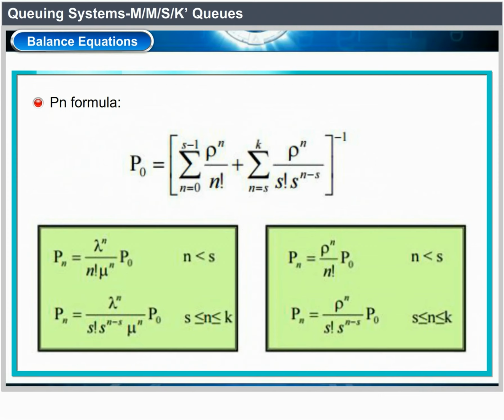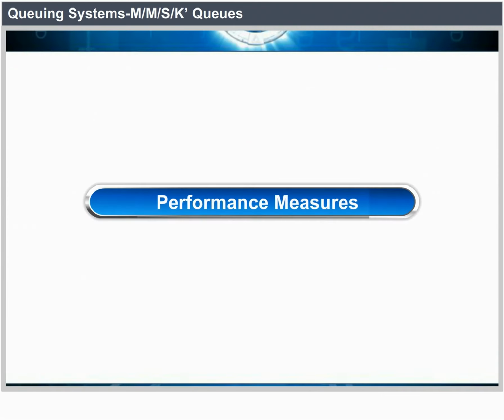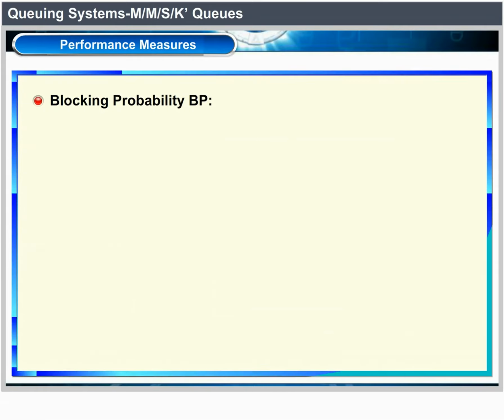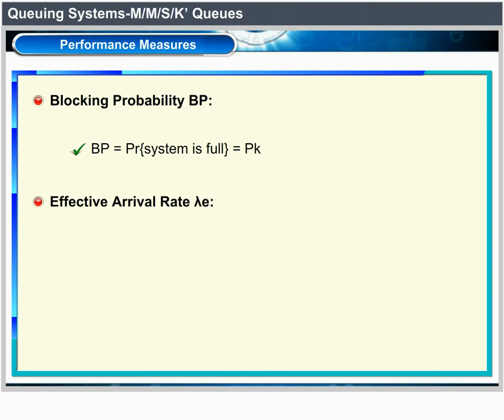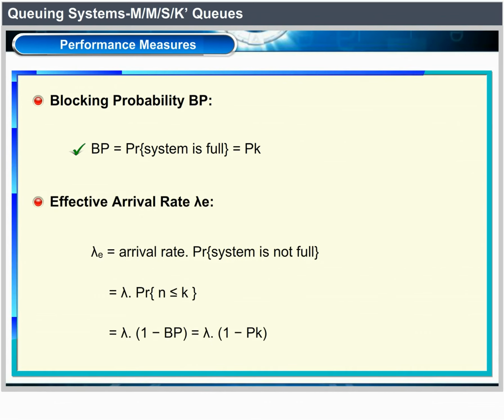Performance measures. Blocking probability BP is equal to probability that system is full, which is equal to P_K. Effective arrival rate lambda_E is equal to arrival rate times probability that system is not full, is equal to lambda times probability n less than K, is equal to lambda times 1 minus BP, is equal to lambda times 1 minus P_K.